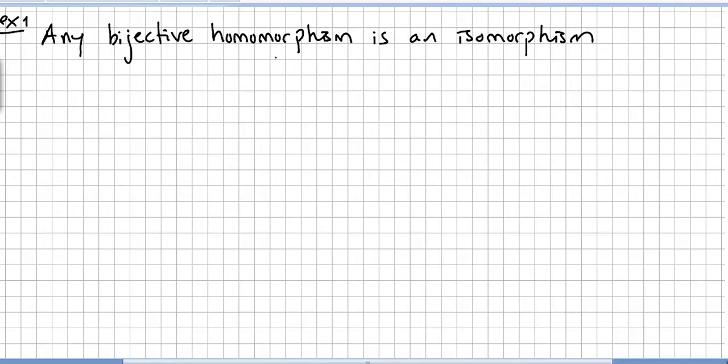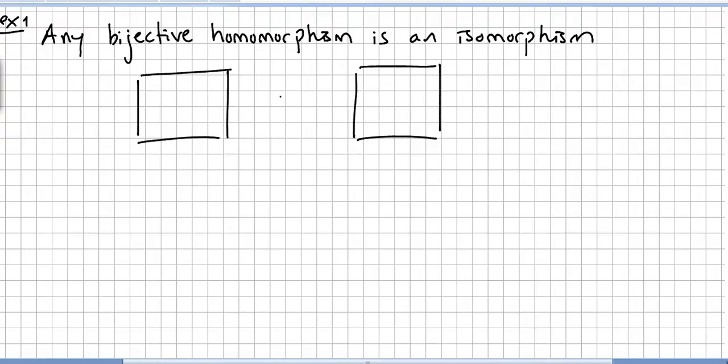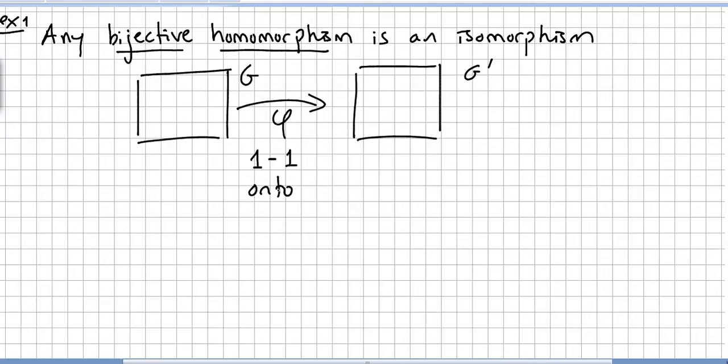Okay, very first example. Any bijective homomorphism is an isomorphism. If we have two groups, G and G prime, and phi is a bijective homomorphism, meaning the homomorphism is one-to-one and onto, then this homomorphism will be an isomorphism.